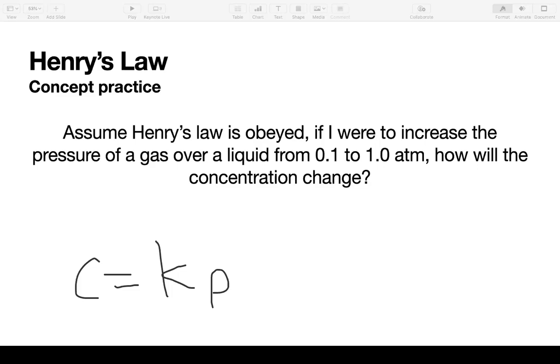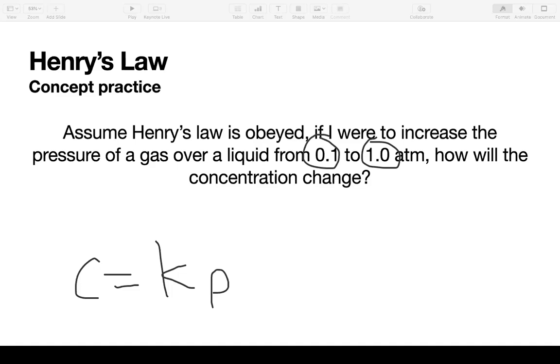What kind of change are we seeing in these two numbers? Is it being doubled? Tripled? Multiplied by 5? It's being multiplied by 10.